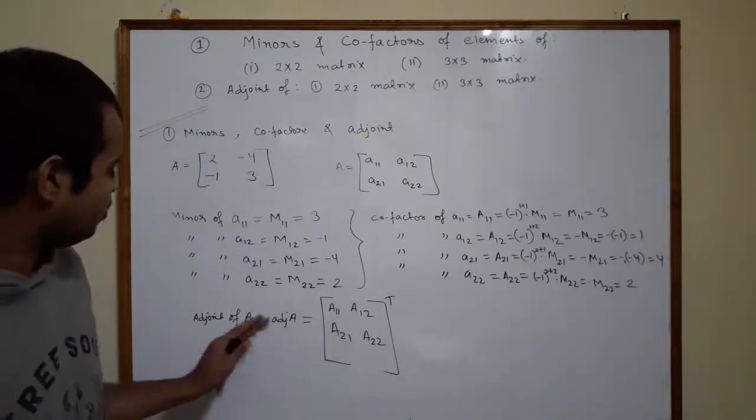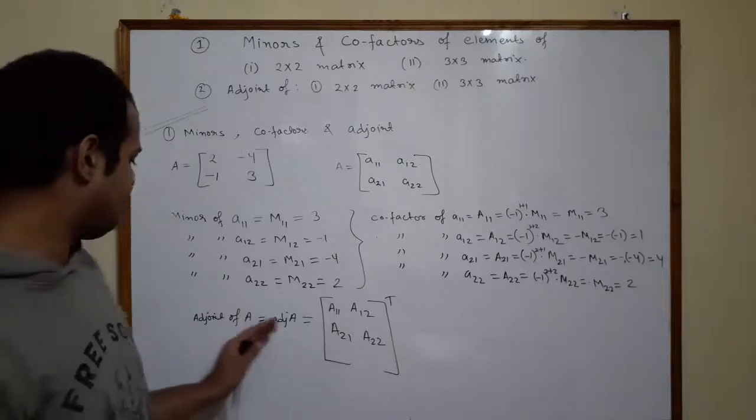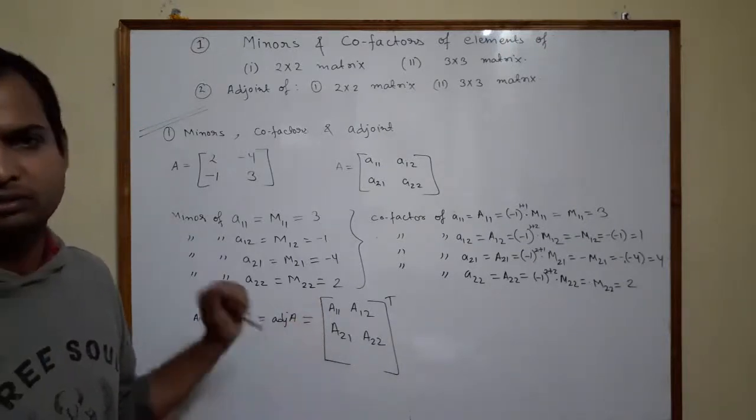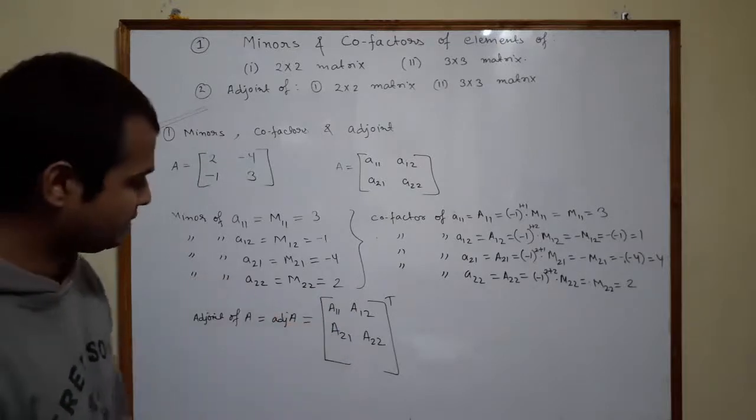So by now you must have understood that to find the adjoint of A, you have to find the cofactors.